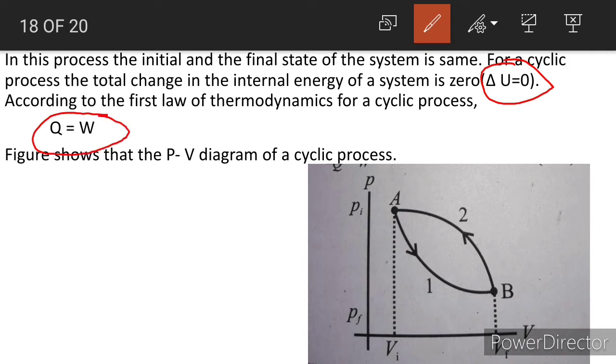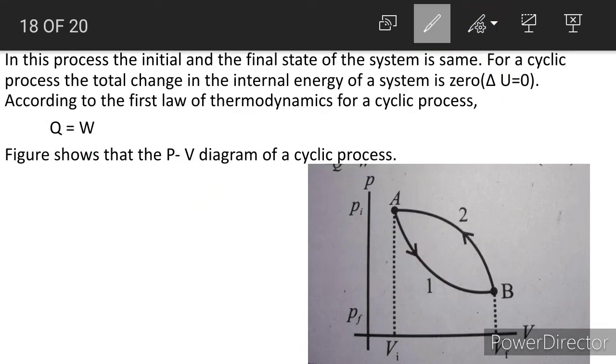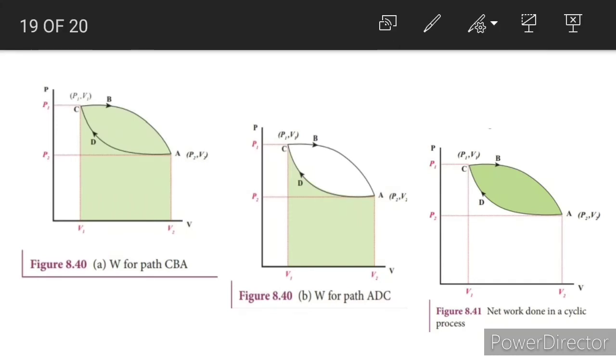So the figure shows the PV diagram of a cyclic process. This is figure A. Suppose that W1 is the work done by the gas during expansion from volume V1 to V2.